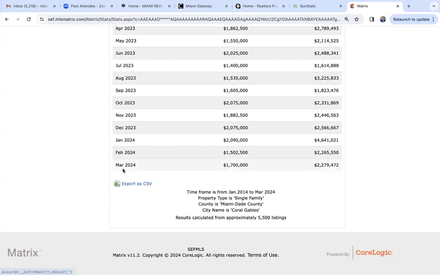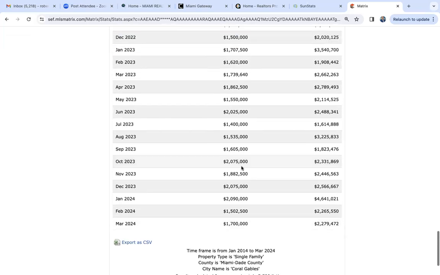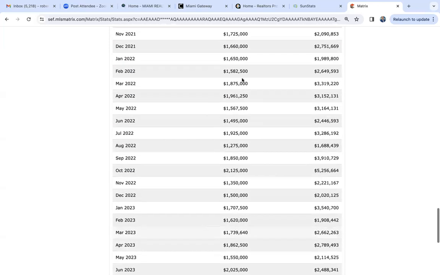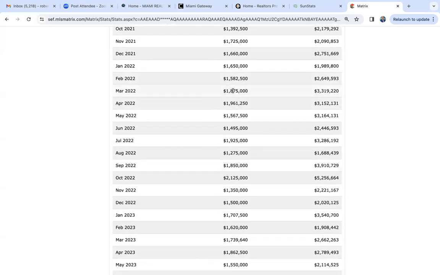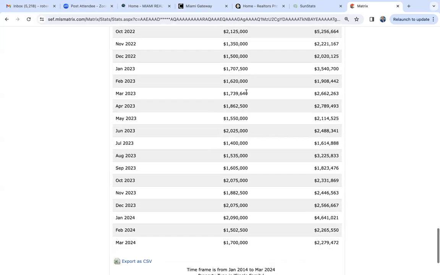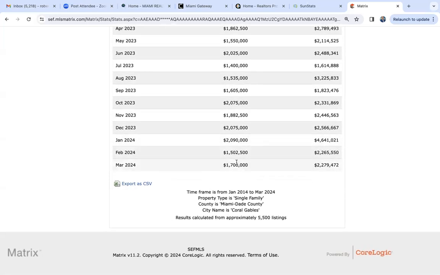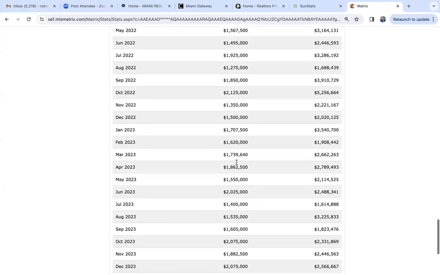March of 24, 1.7. March of 23, 1.7. March of 22, almost 1.9 million. So from 22 to 24, you can consider that the prices are going down in Coral Gables.